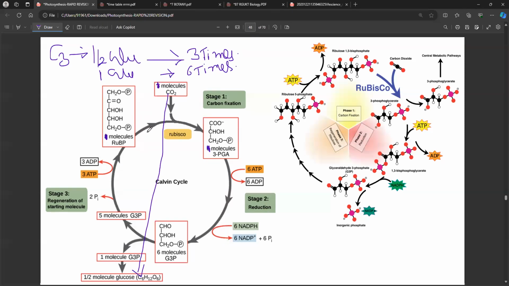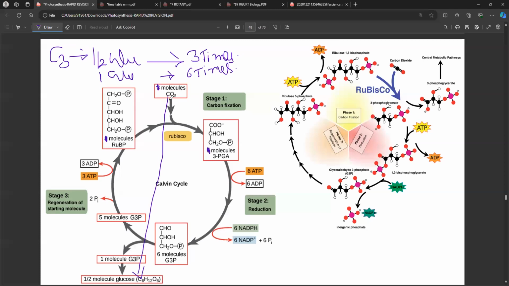Now, I am just using the word that we have to fix the carbon into glucose. Whenever I want to fix the carbon into glucose, someone has to accept that carbon, and convert that particular carbon into glucose. So who is accepting that carbon? That carbon can be accepted by a carbon acceptor, which we generally call RuBP.